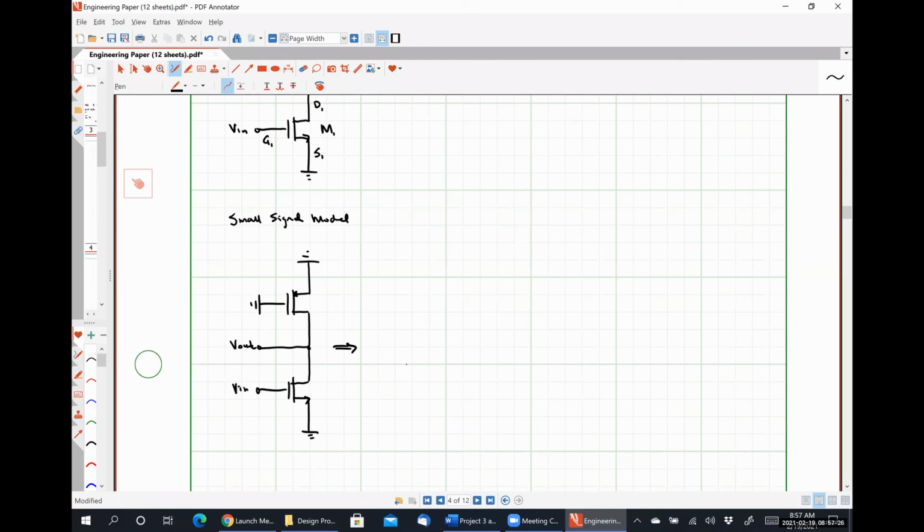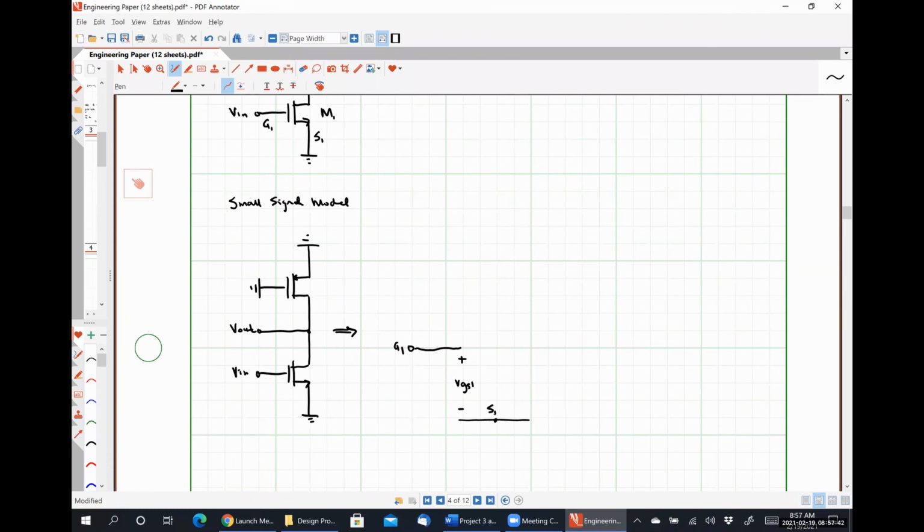So I'm going to start with my gate right here for transistor 1. VGS1. Here's my source. It's grounded. GM1 VGS1.